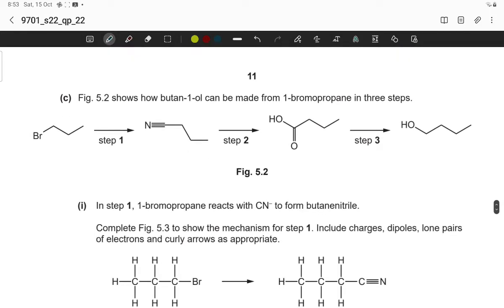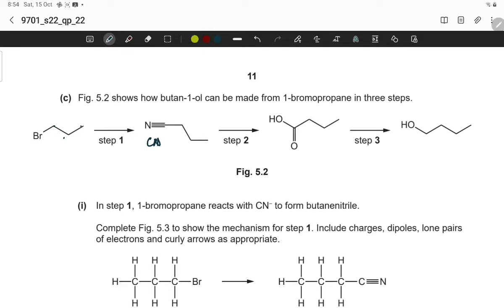Next question is figure 5.2, which shows how butan-1-ol can be made from 1-bromopropane in 3 steps. This is step 1, 2, 3. 1-bromopropane reacts with CN- and a nitrile is formed.